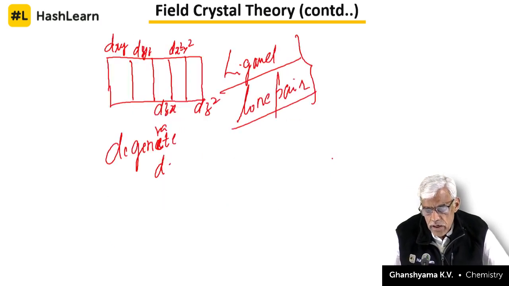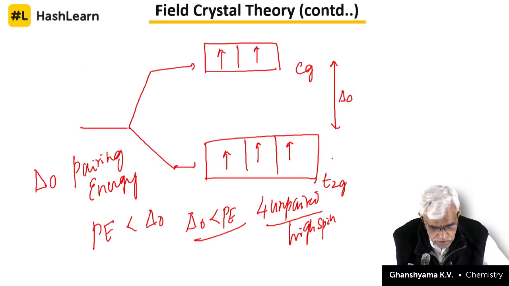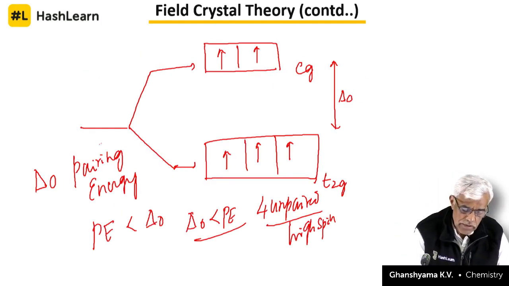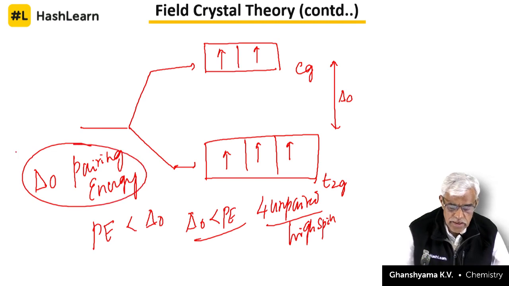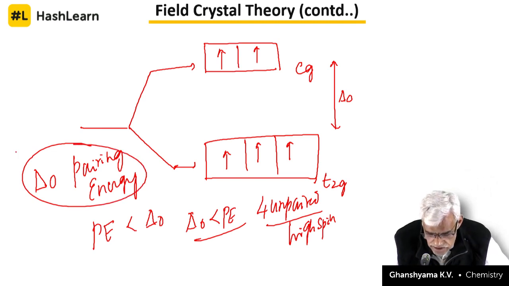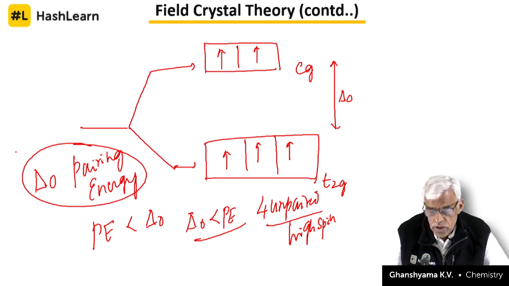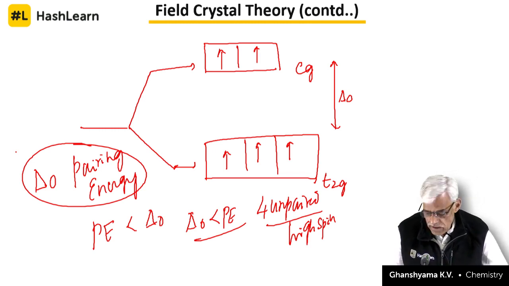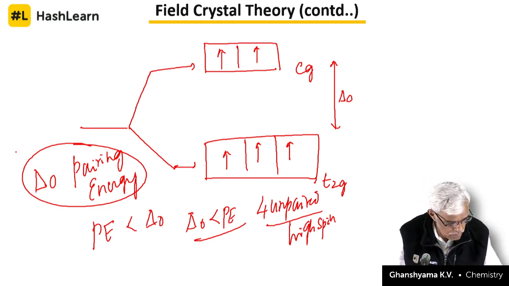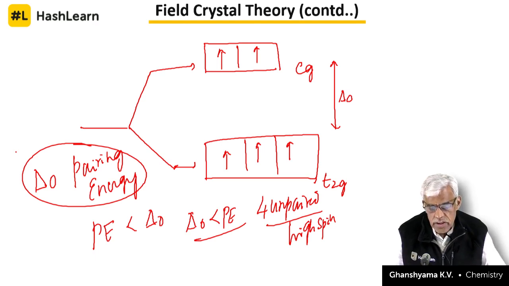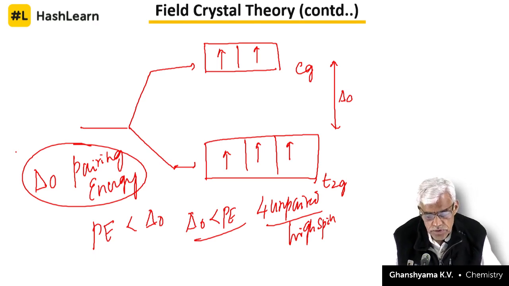Will it be paired or will it go to the higher level? That depends upon the nature of the ligand, the pairing energy and delta naught. If the pairing energy is less, pairing will take place and low spin complexes are formed. If delta 0 is less than that, it goes to the next level and high spin complexes are formed. So this is in the case of octahedral complexes.